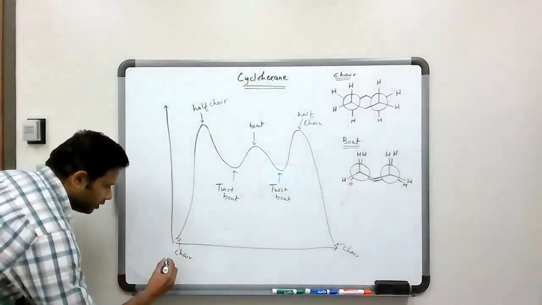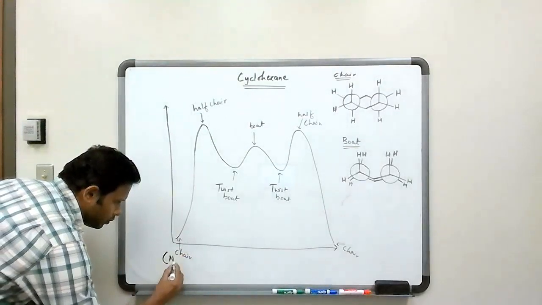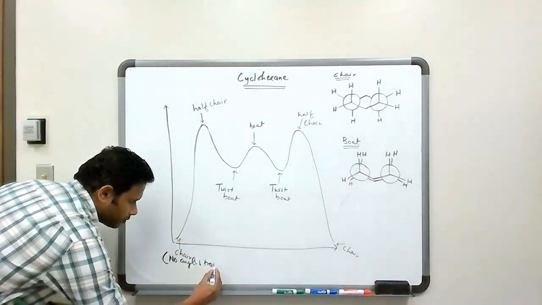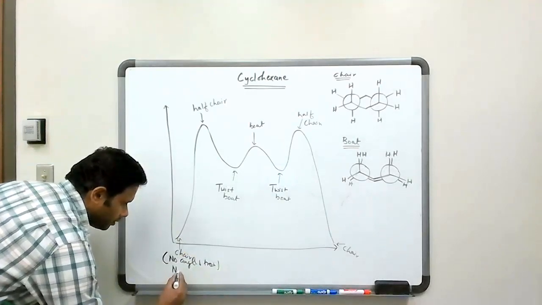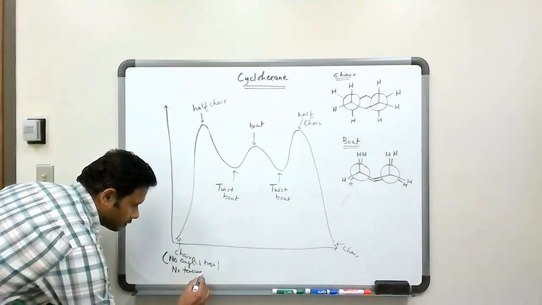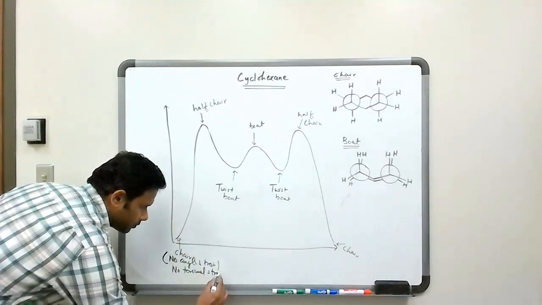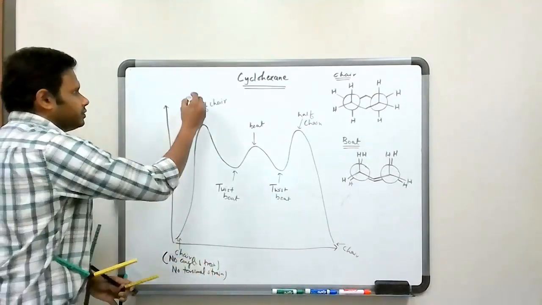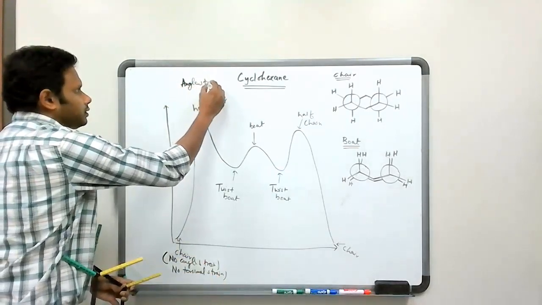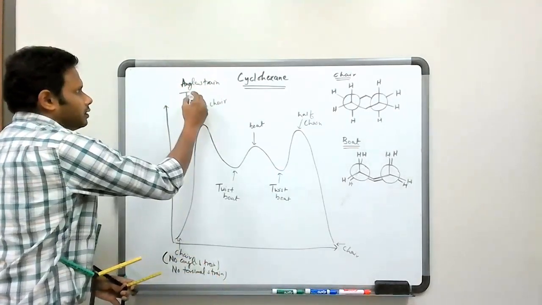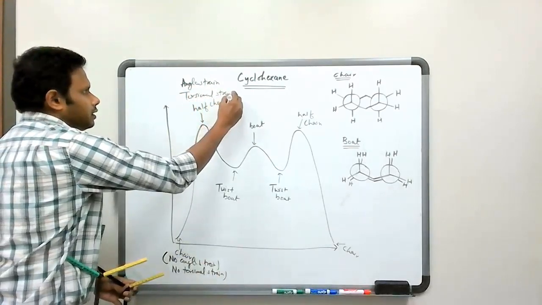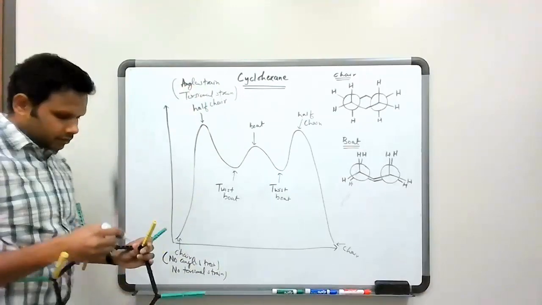So for a chair, there is no angle strain and there is no torsional strain. For a half chair, there is angle strain and there is torsional strain because of eclipsing interactions.